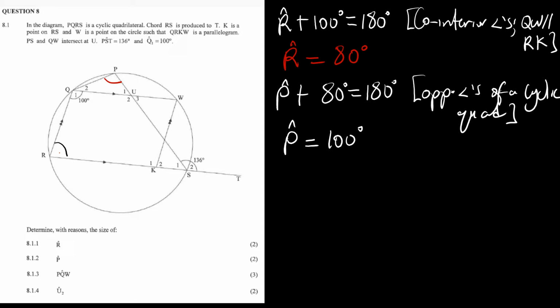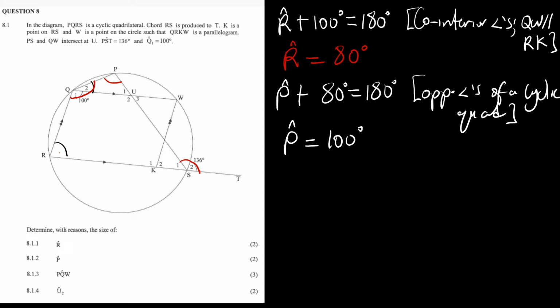The next question says determine angle PQW. They are referring to angle Q2. So how are we going to find angle Q2? Don't forget PQRS is a cyclic quad. So this angle S2 is the exterior angle of our cyclic quad. This angle S2 is equal to angle Q as a whole, Q1 and Q2.